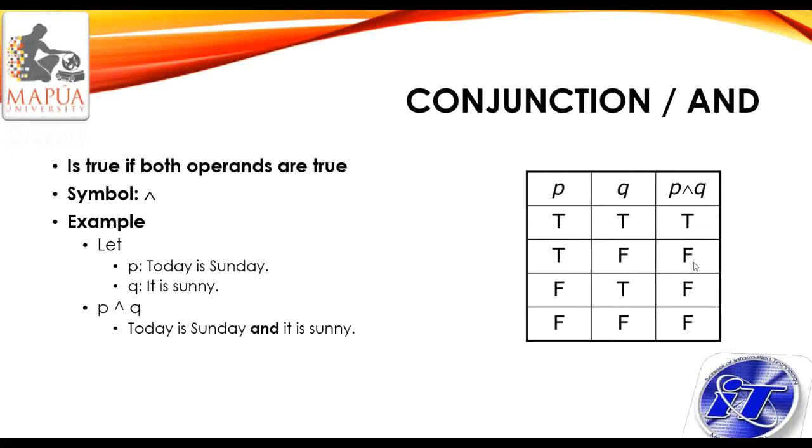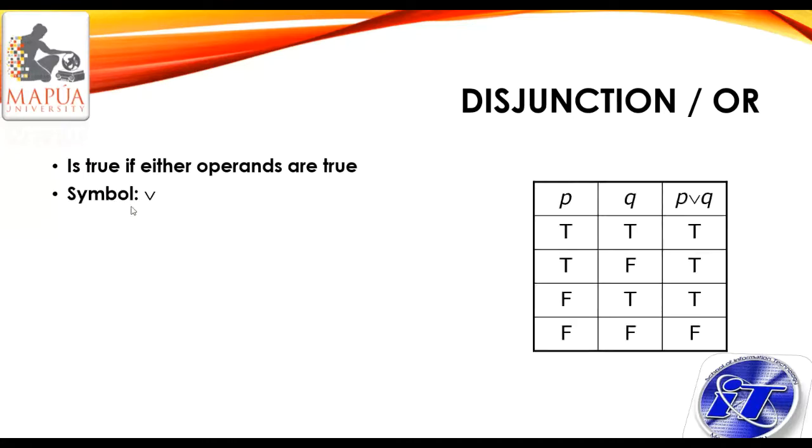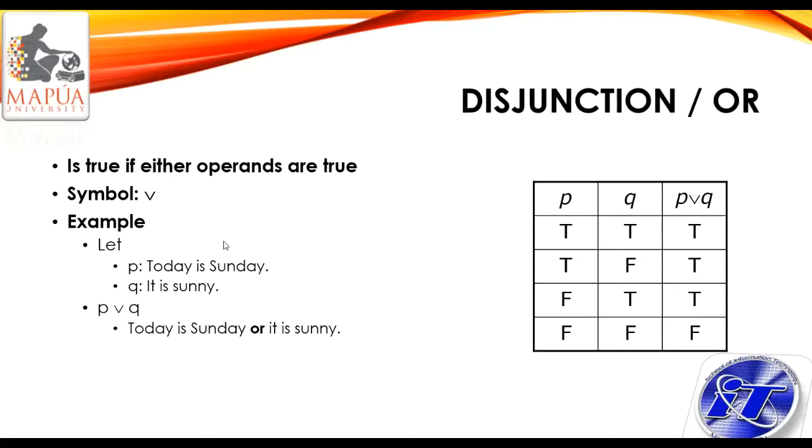Okay, so now let's move on with the third operator, which is disjunction. A disjunction is a compound statement formed by combining two statements using the word or. This is the symbol for or. Okay, so let's have this example.